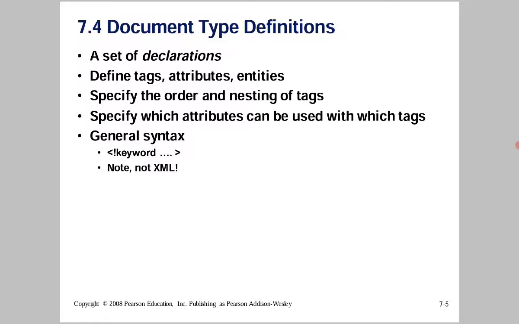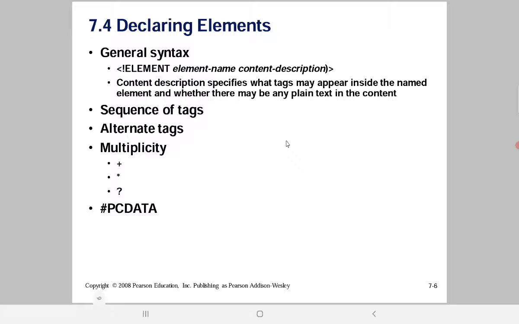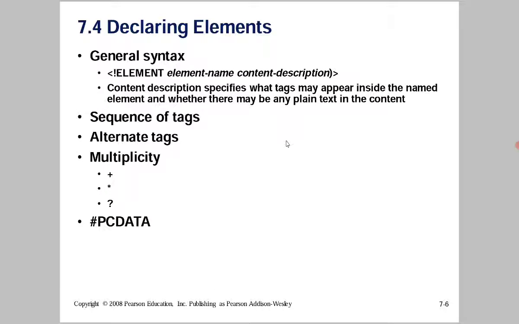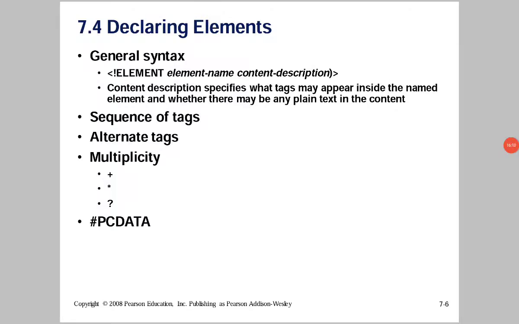So declaring elements is another term. What are the different terms used in XML documents? While creating XML documents, there is an XML schema, a schema or structure to be followed. All the XML documents should follow some schema or structure, and they have user defined tags.